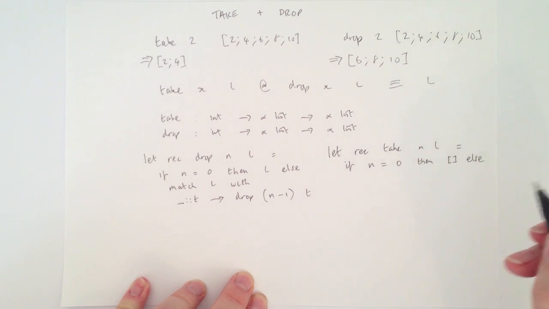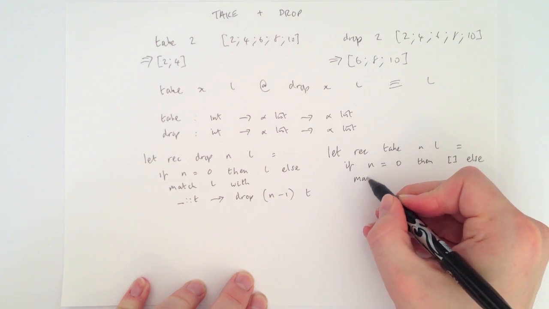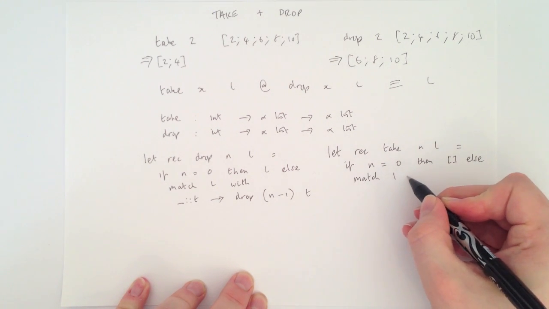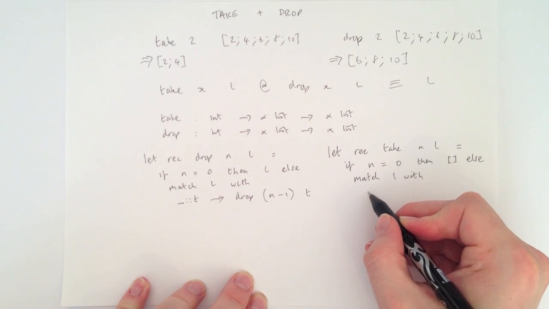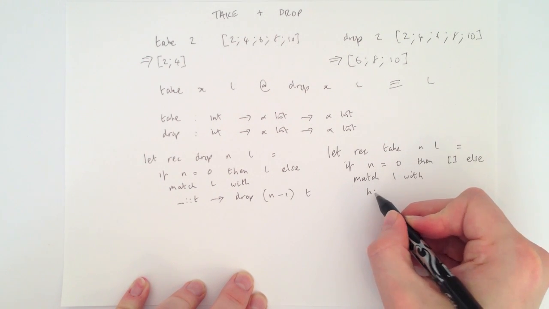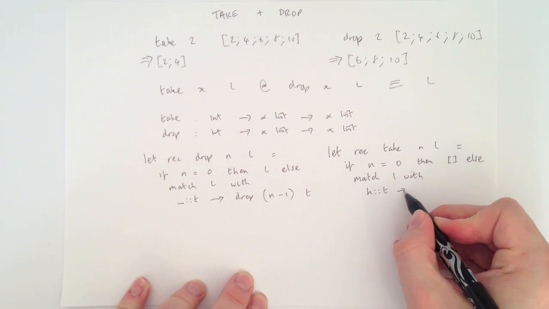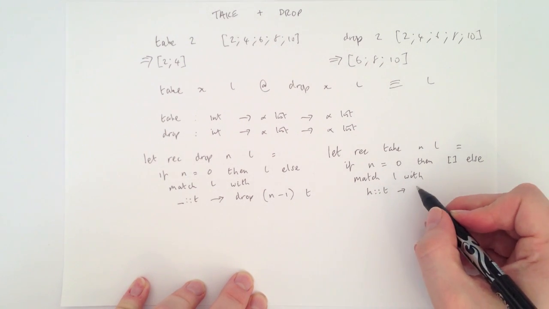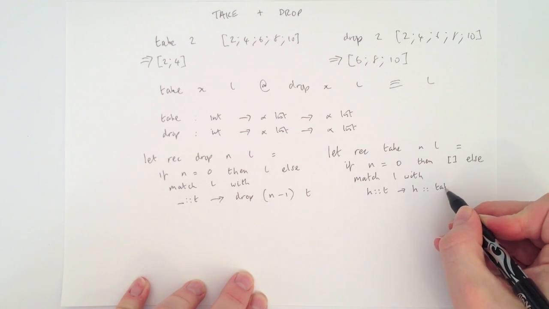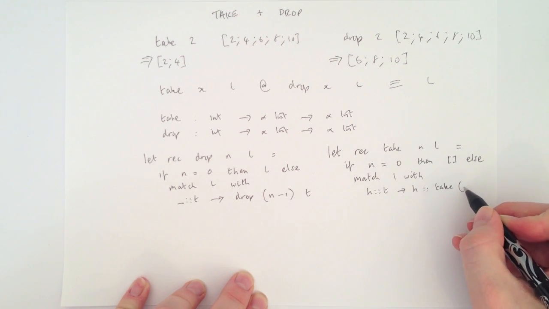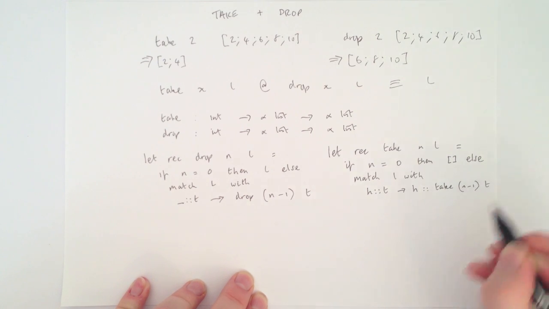Otherwise, again, let's take the list apart. Well, a head and tail, and we do want H, and then we want to take n-1 elements from T.